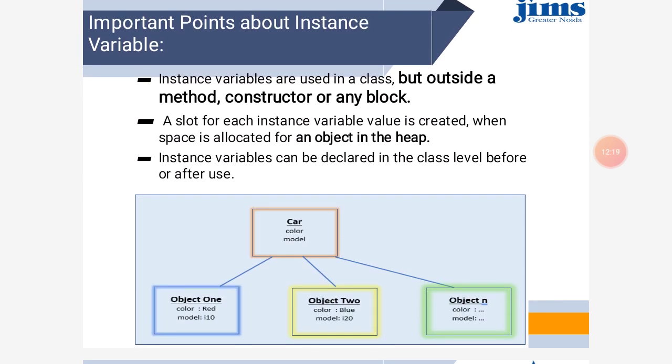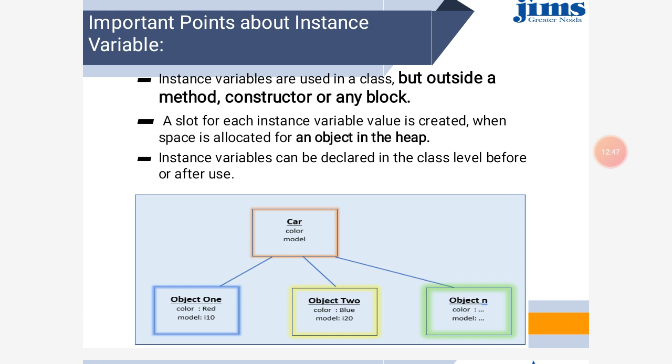Important points about instance variables: they are used in a class but outside a method, constructor, or any block. Constructor has the same name as the class, but that is used for many purposes, and we can write a Java block also, but instance variables are always defined outside of these three things.